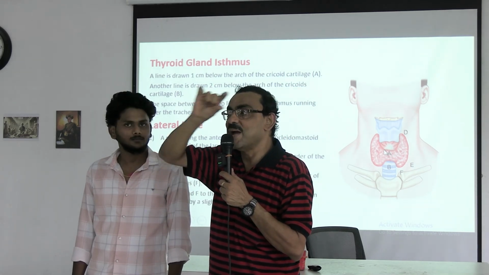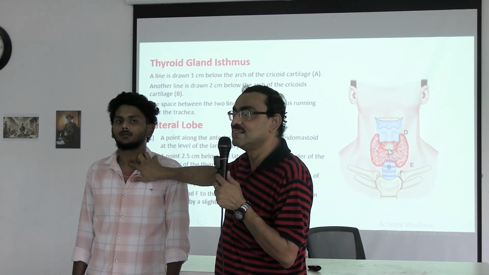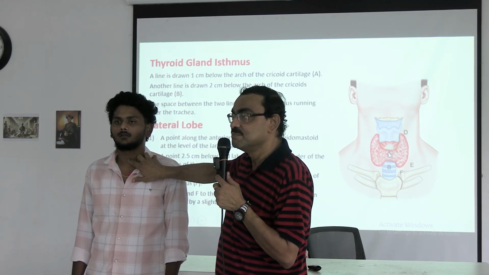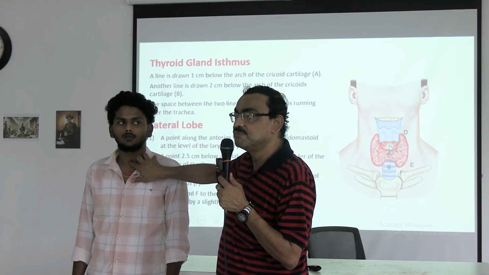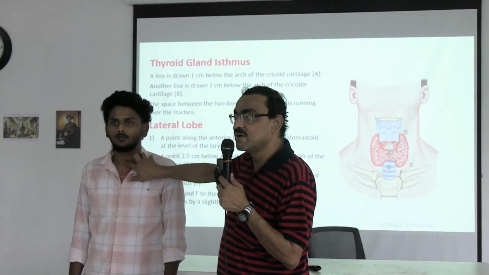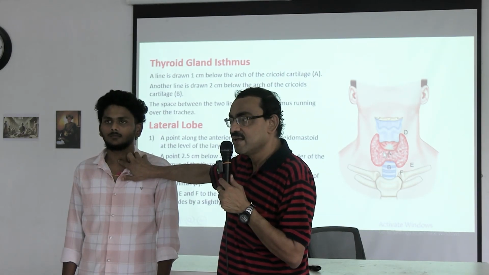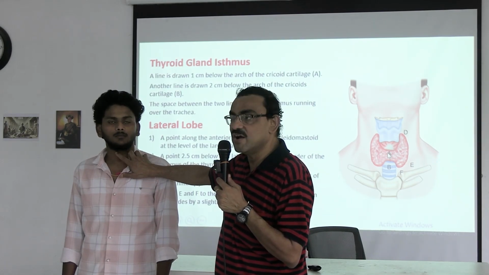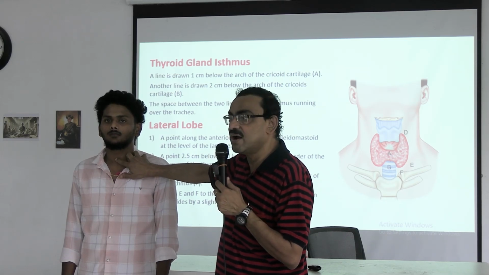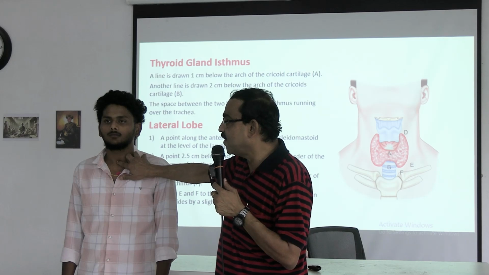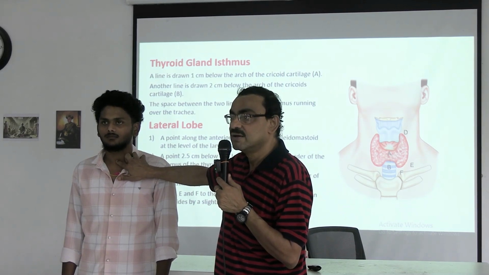The isthmus is a band which connects the two lobes of the thyroid. Just below the cricoid, we can feel a fibrous structure. That is the isthmus of the thyroid gland. So, below the thyroid cartilage we can feel the cricoid cartilage, and below the cricoid we can feel the isthmus of the thyroid gland.